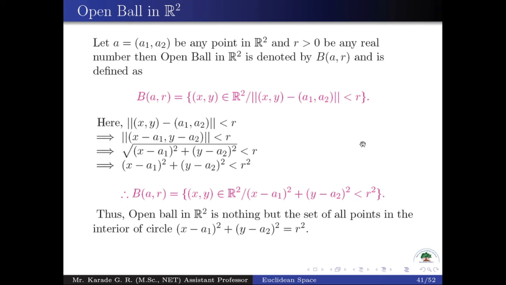Here the boundary points are excluded. The boundary points of that circle are excluded, and all interior points of that circle form an open ball about A with radius r.